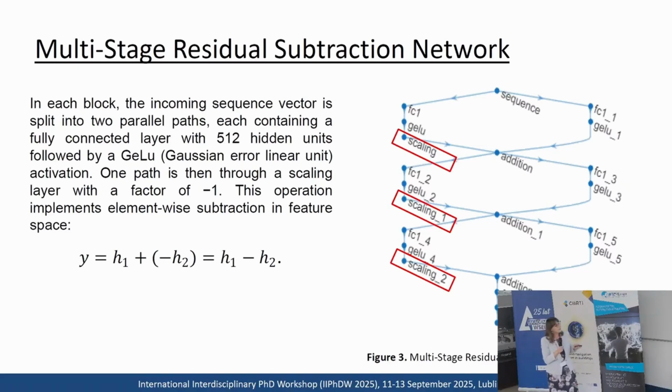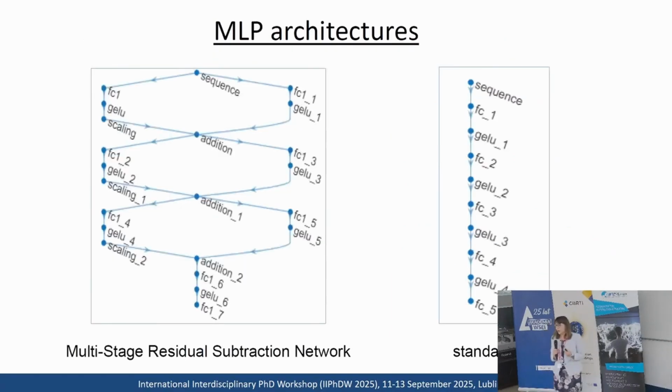At the end, we have one more fully connected layer with the same value as the previous one, and we got a vector with 4096 values. To compare the reconstructions, we analyzed 2 architectures.